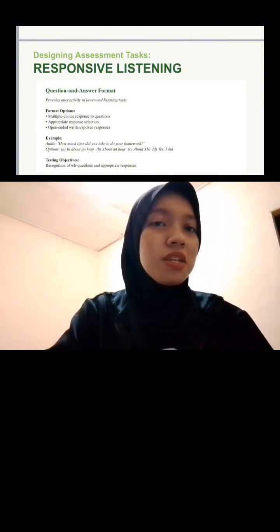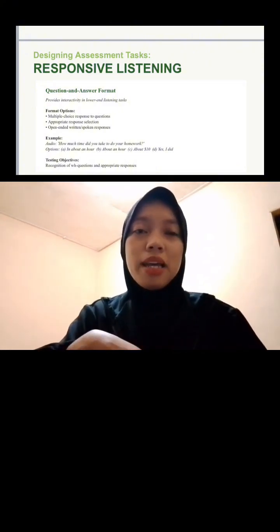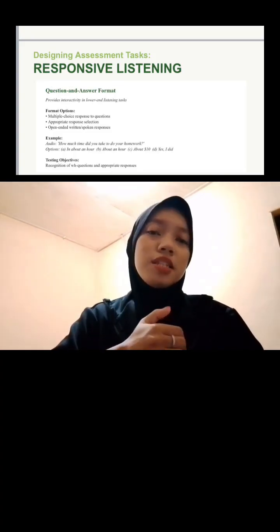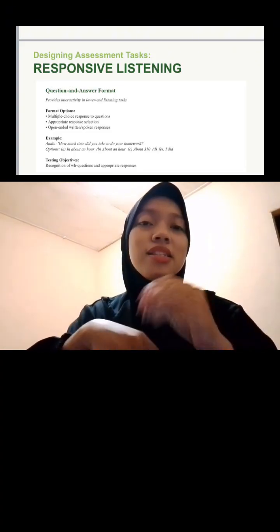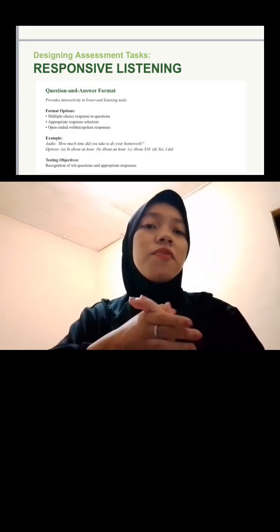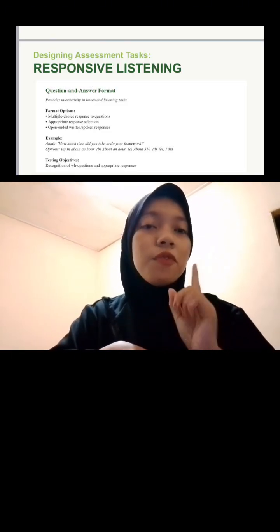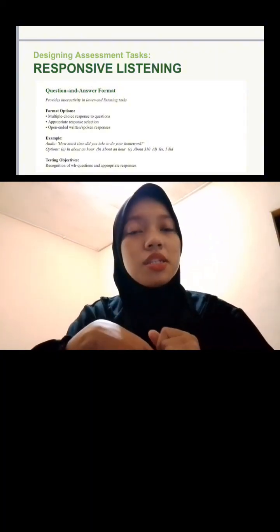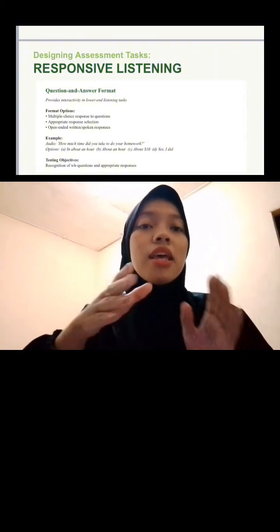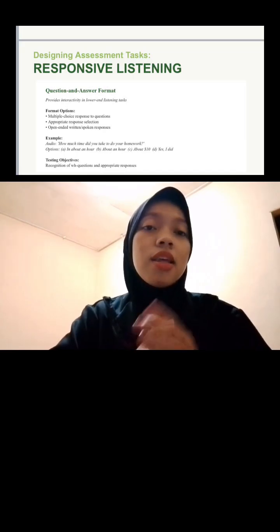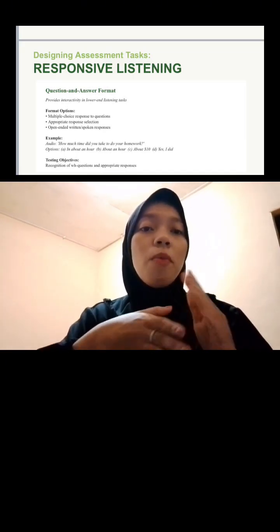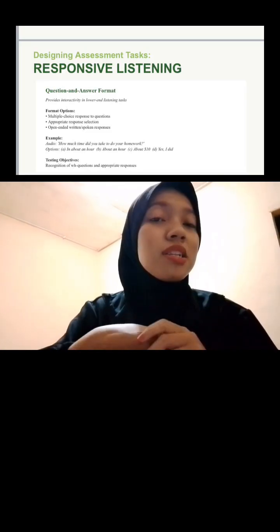So now I will explain this slide, responsive listening. Responsive listening uses a question and answer format and provides interactivity in lower-level listening tasks. There are several format options used in this type of assessment. The first is multiple choice responses to questions, the second is appropriate response selection, and the third is open-ended written or spoken responses.